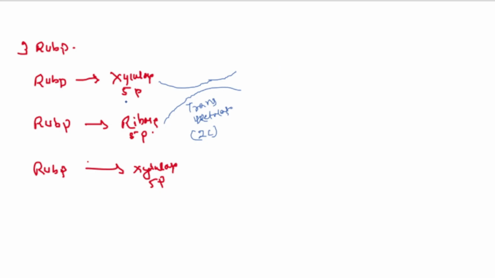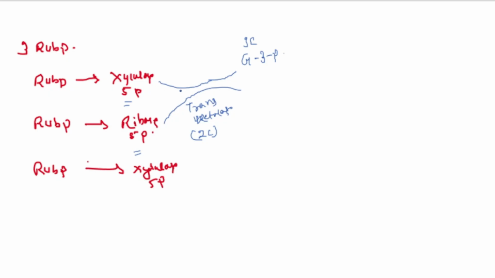Here a 5-carbon compound is present. If transketolase is working, it has the ability to transfer 2 carbons. If it transfers 2 carbons from this xylulose, how many carbons remain? It will give 3 carbons, a compound known as glyceraldehyde 3-phosphate.